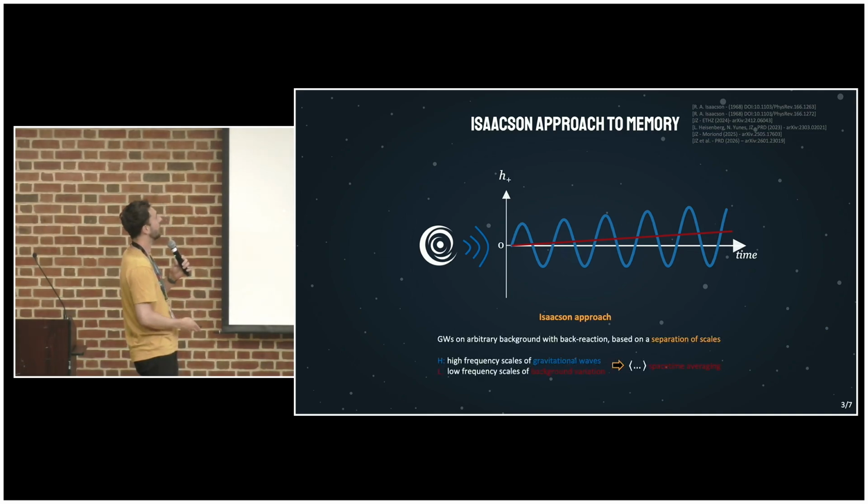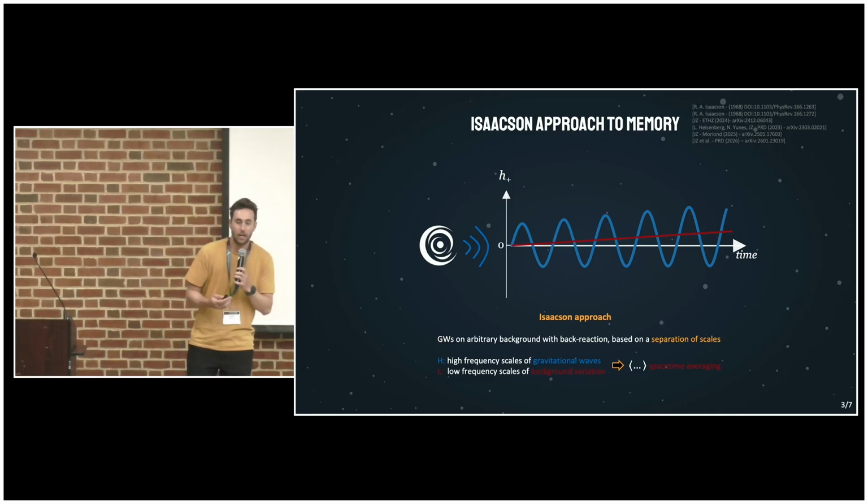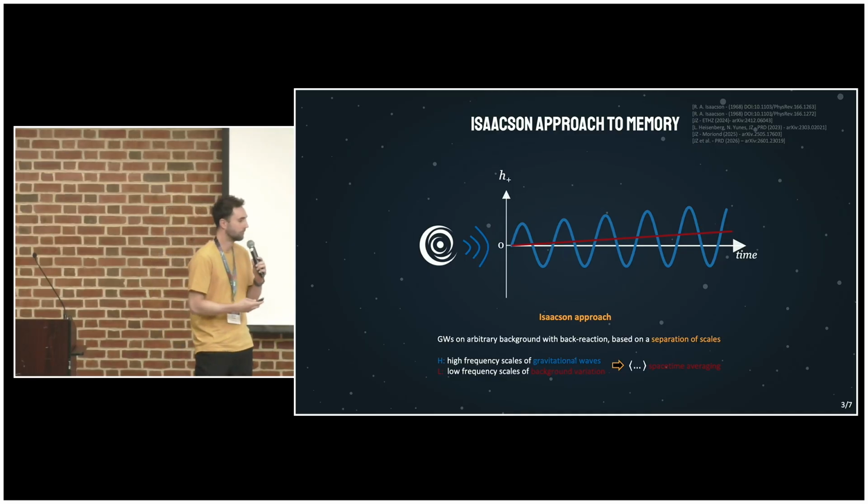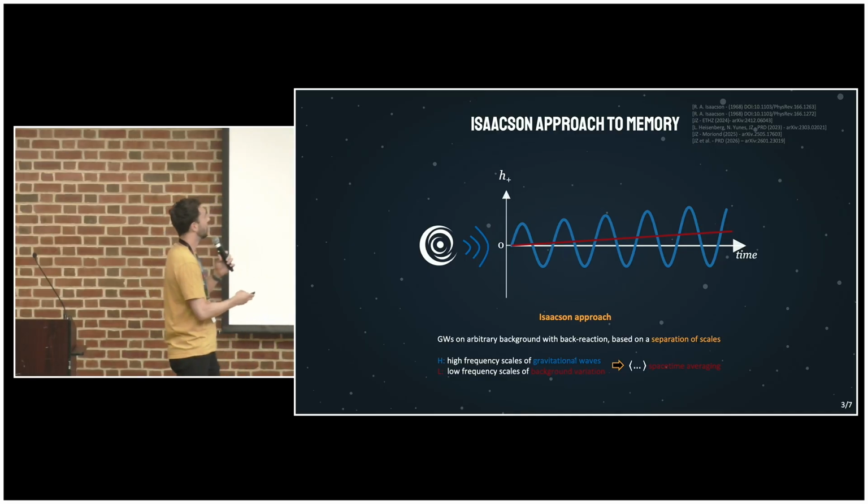It's really if we do an averaging, so if we know the frequency and we do a space-time averaging, or here time averaging, over these frequency scales, we would get this sort of background change that we can associate to the memory. And there's actually a whole formalism that was developed before the description of memory, the Isaacson approach, that gives you the tools to do this.